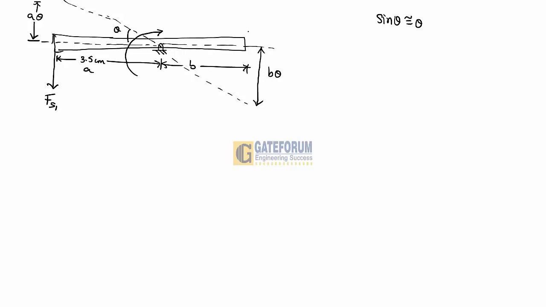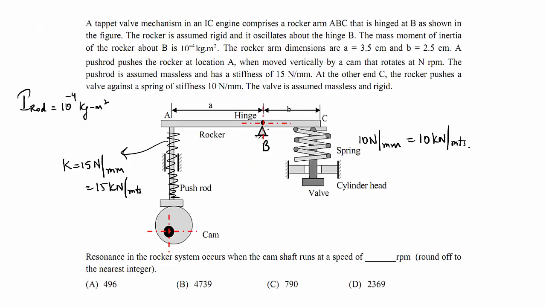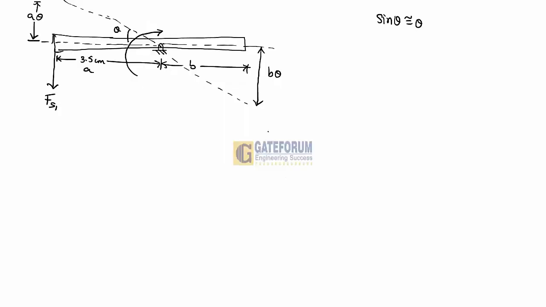And this other spring will experience compression, so the compressive force will be towards the rod. Let us say this force is Fs2. This is in the clockwise direction by theta, so the pseudo torque or inertial torque, I theta double dot, will be acting in the anti-clockwise sense.